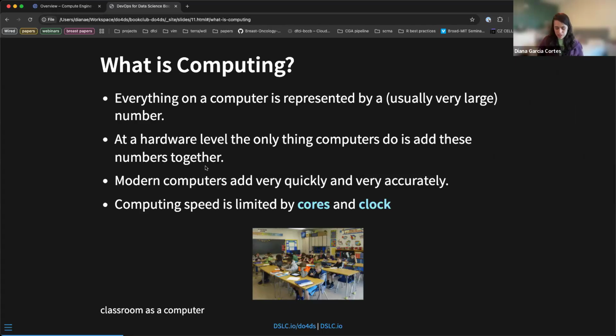Okay, so we all know that everything that we do in our computers ends up being converted into ones and zeros. Everything is represented by a number, and what the computer does is just add things together. For me it's amazing how we can do things at such a high level and never think about what is going on at the hardware level, at the microprocessor level.